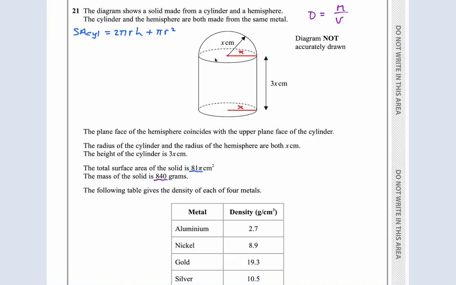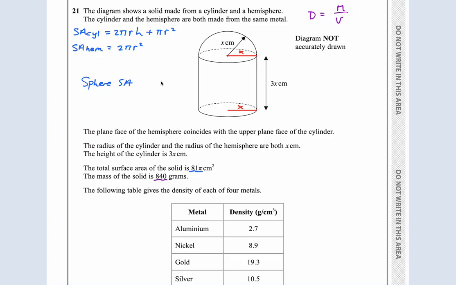There is no area of the circle at the top because the hemisphere is on top of it, so you don't see that circle. Okay, the surface area of the hemisphere is 2 pi r squared. Now, how do I know that? Well, the surface area of a sphere is 4 pi r squared. That's in the formula sheet at the start. Just half it, because it's a hemisphere. Hemisphere is half a sphere. Half it gives me 2 pi r squared.